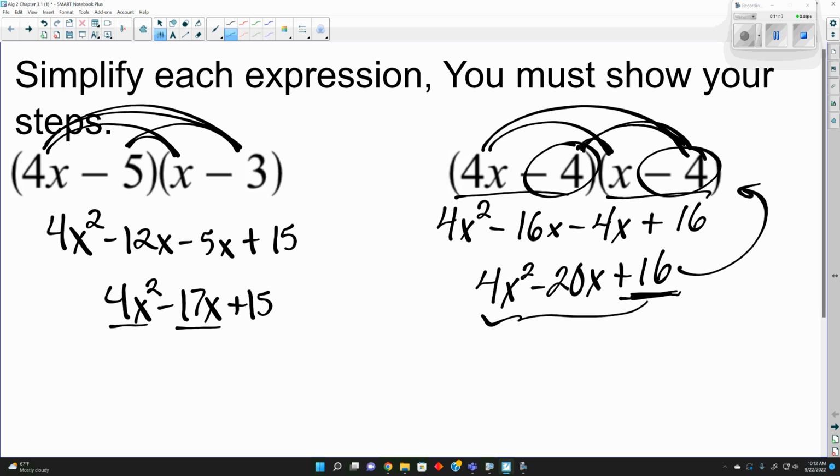So if the third term's positive, these two here would have to be the same, either both negative or both positive, yes? But how do we get the middle term from 4x times negative 4 and negative 4 times x, yes? Well, we got a negative and negative, and they add together to be a negative. So for here, the third term's positive, but the signs would both be negative. Questions on this so far?